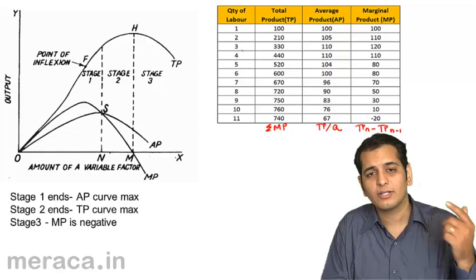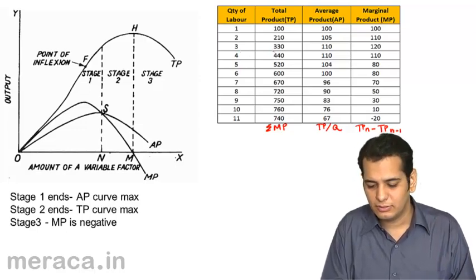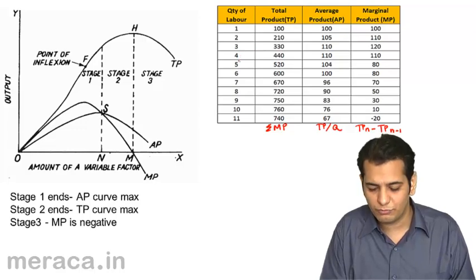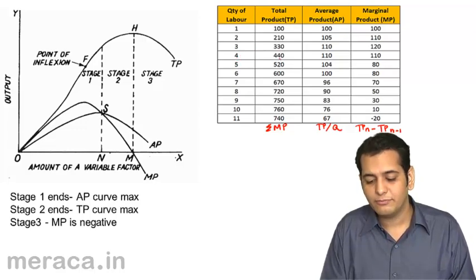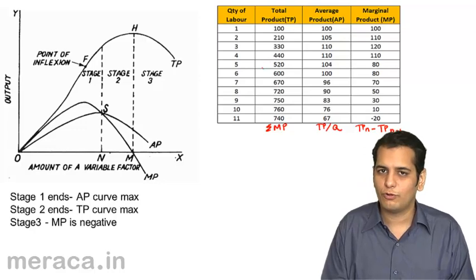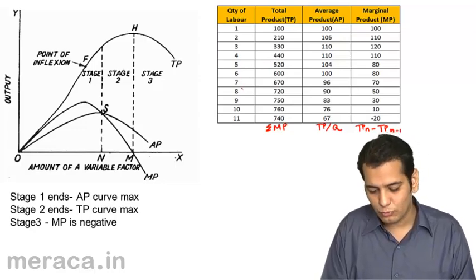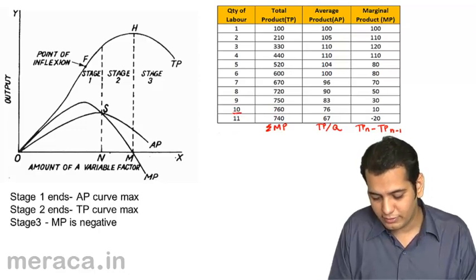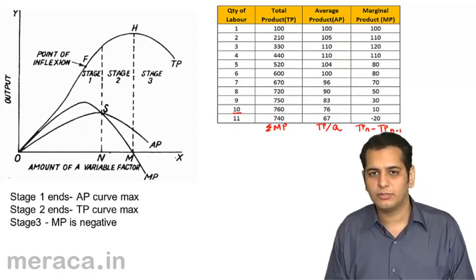Likewise, the production of 3 laborers is 330, and when we increase the amount of labor further, the total product is 440 at that level, and this goes on increasing till we employ the 10th laborer.